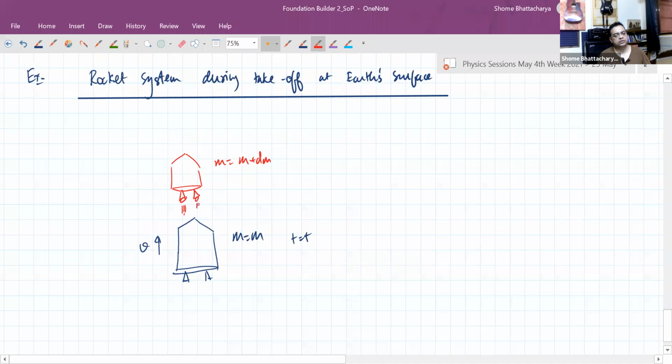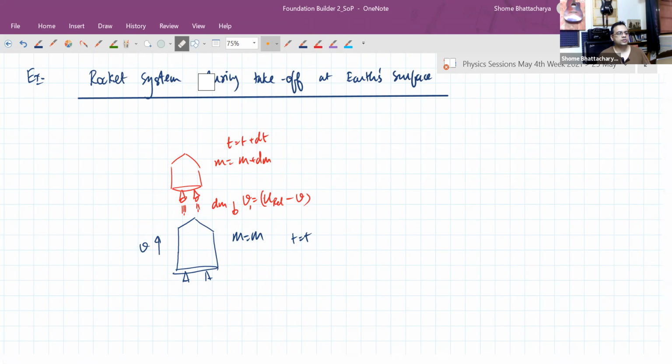Because it has thrown out dm amount of mass in the downward direction with a velocity of, let's say, u relative minus that same concept that we discussed. Okay. So this is what is happening at t equal to t plus dt. So the mass of the rocket has become m minus dm because dm amount of mass has been removed. And the rocket's own speed has increased from v to v plus dv.